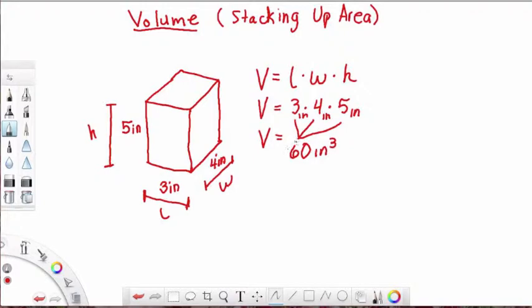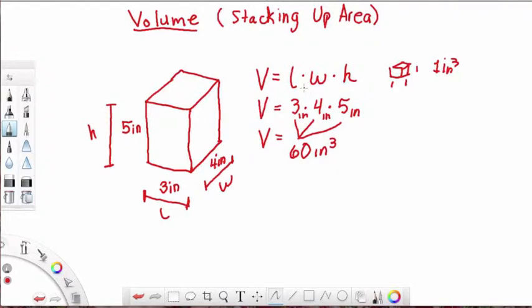And I like to say 60 cubic inches because that means that if you had a little cube that was 1 inch by 1 inch by 1 inch, you would have 1 cubic inch. There you go. And we could take 60 of these little cubes and fit them inside of this three-dimensional figure.